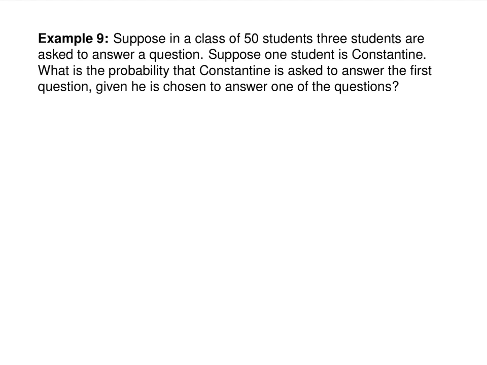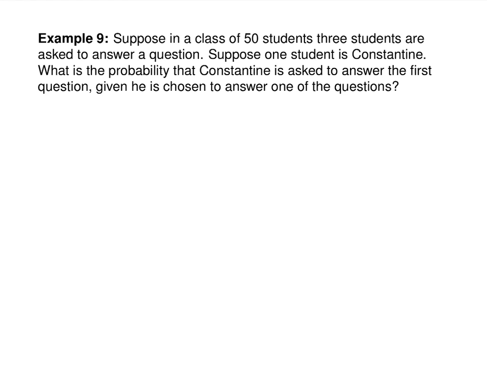So here's a question where we're going to use that rule. Suppose that in a class of 50 students, 3 students are asked to answer a question. Suppose one student is Constantine, that's my husband. What's the probability that Constantine is asked to answer the first question, given that he is chosen to answer one of the questions? 1/3. I think it actually works out to be 1/3, but I want to use that rule to prove it.